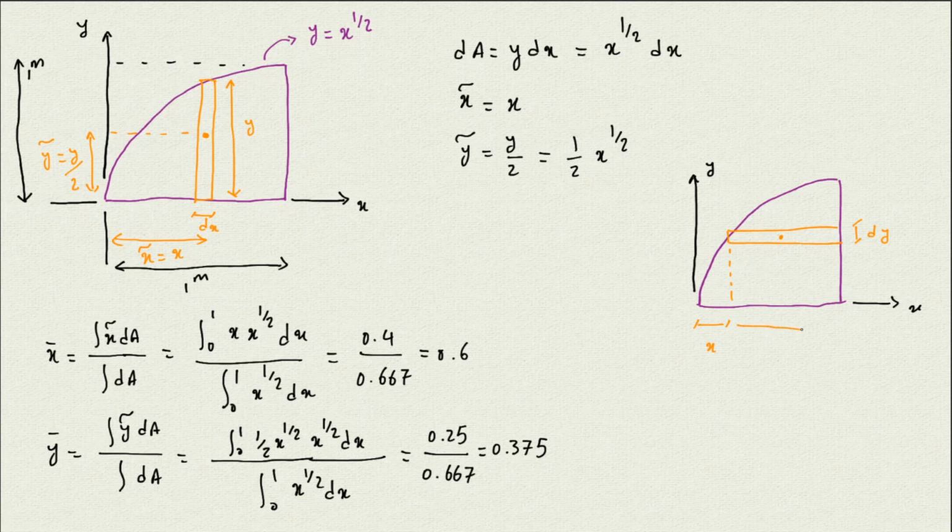Therefore the total distance being 1, this other distance is 1 minus x. So remember that this one is 1, and also this is 1.